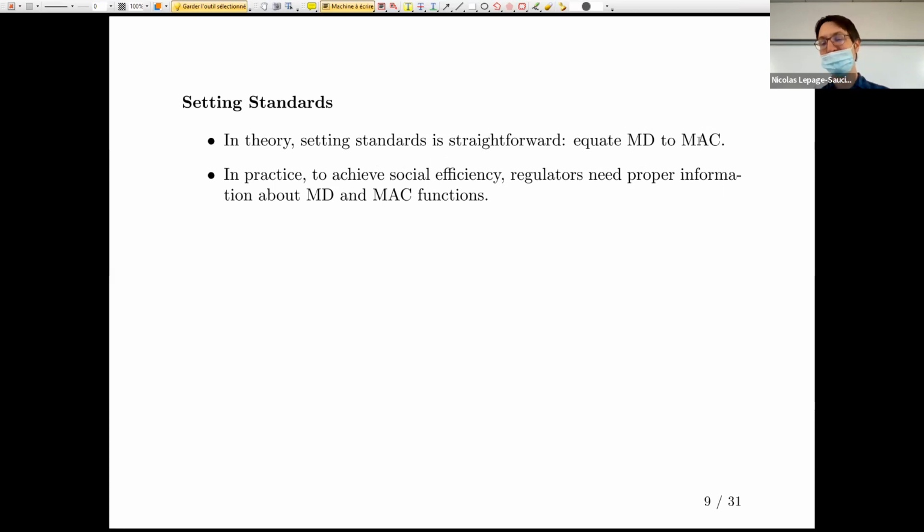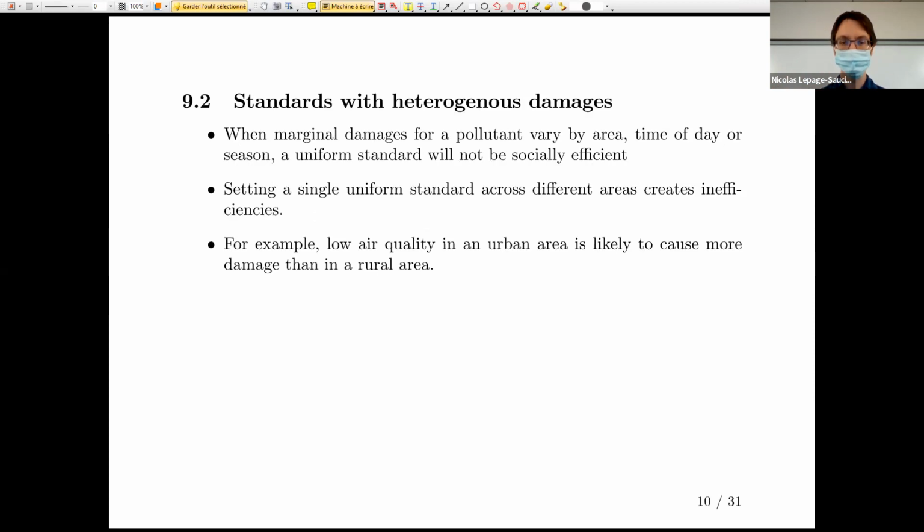Then, if you want to set a uniform standard, you run into trouble. As regulators, you need good enough information to decide what the target is, and precise enough information on a case-to-case basis to really know what's going on. So let's just finish with that one.